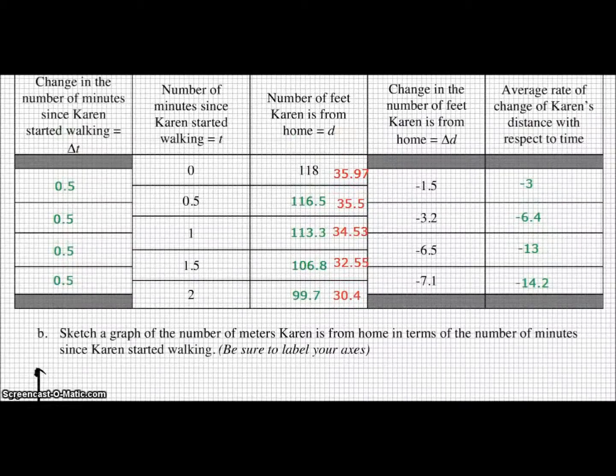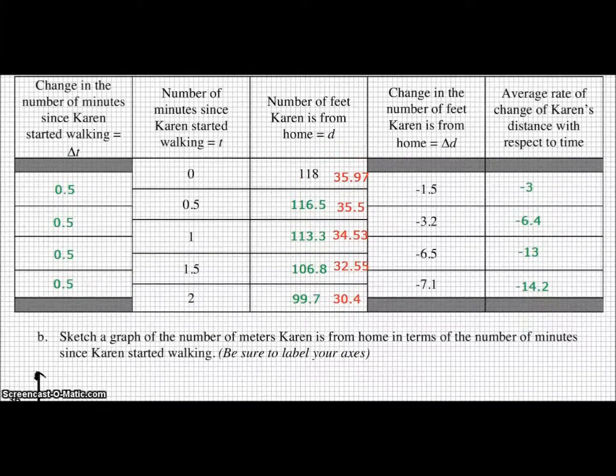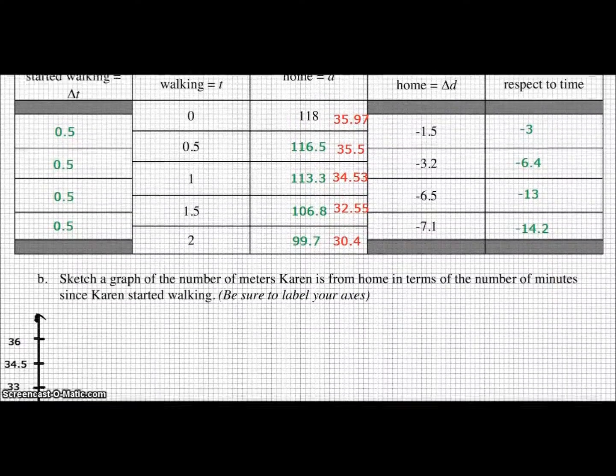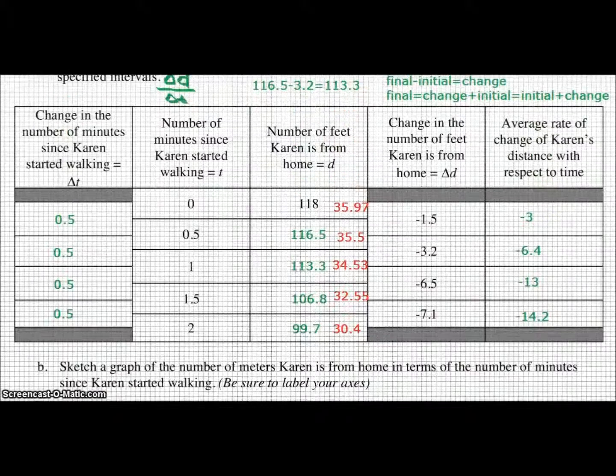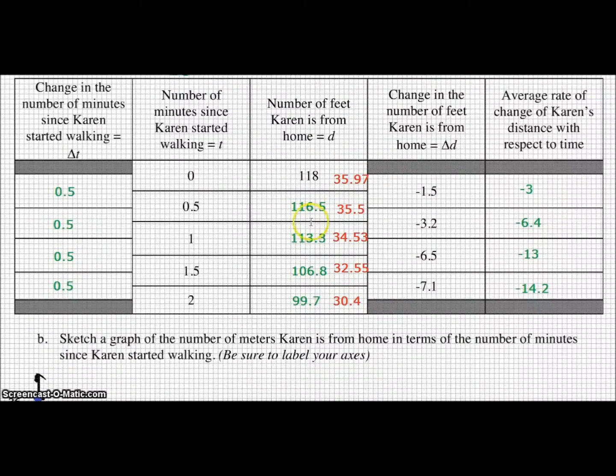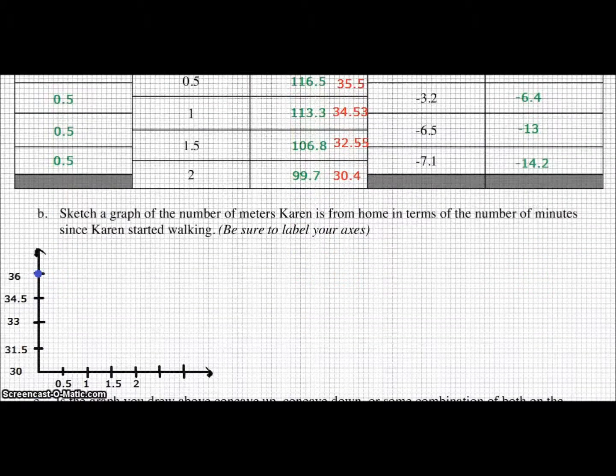So when the time is 0, the number of meters from home is 35.97, about 36. And when the time is 0.5, the distance from home is 35.5. I'm going to do a quick calculation here, because the difference between 36 and 34.5 is 1.5.